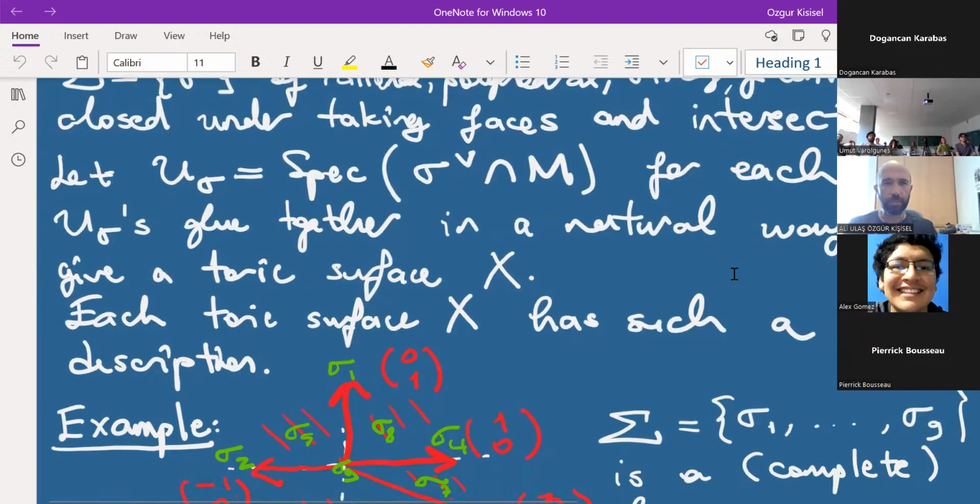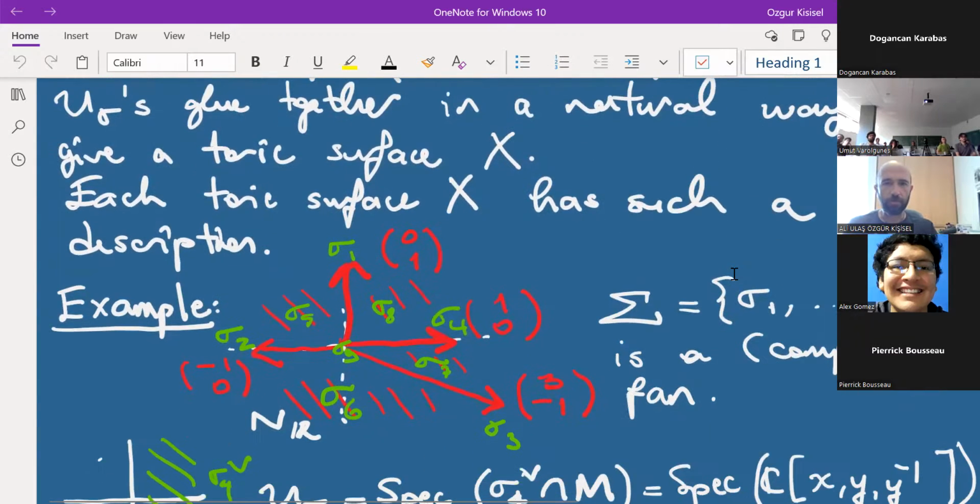Now let's see this on some concrete examples. So here, there are 4 one-dimensional rays, sigma 1, 2, 3, and 4. And next to them, I wrote the primitive vectors along those rays, so vectors that are not non-trivial positive integer multiples of any other integer vector on that ray.